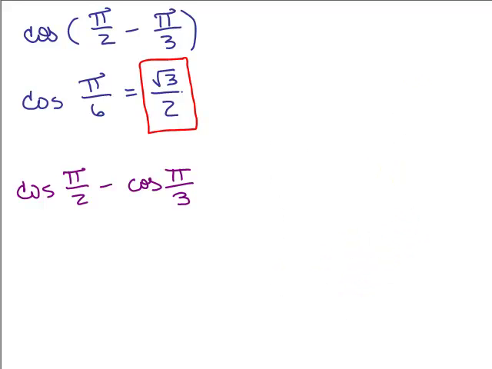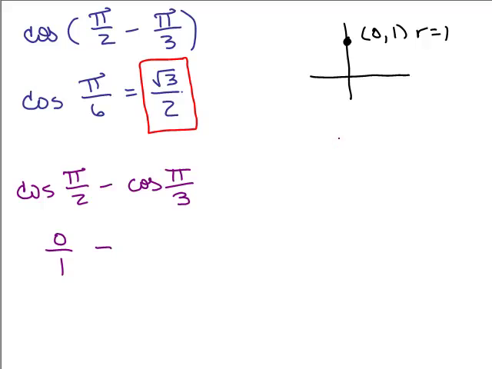So I want to get the cosine of pi over 2. All right, so that's up here, 90 degrees, pi over 2. So that's 0, 1. So you've got x is 0, y is 1, r is 1. So the cosine will be 0 over 1. That's the cosine of pi over 2.